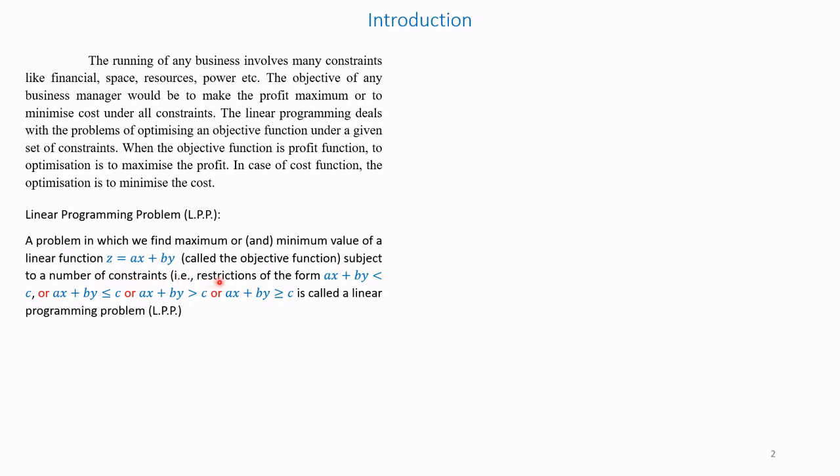So restrictions of the form ax plus by less than c, ax plus by less than or equal to c, or ax plus by greater than c, or ax plus by greater than or equal to c, is called the linear programming problem.